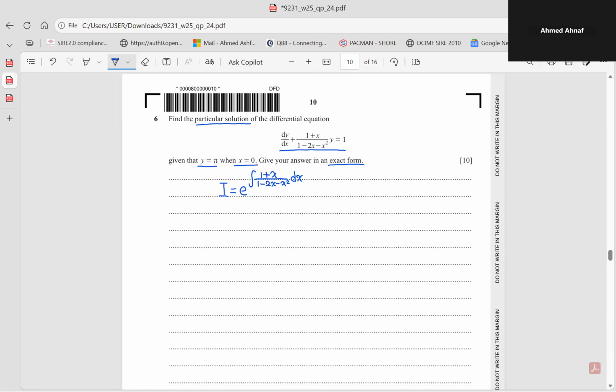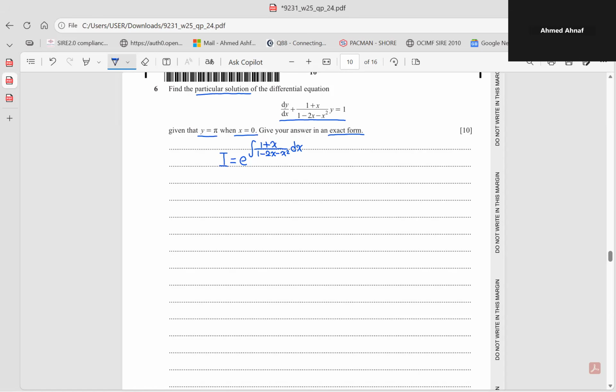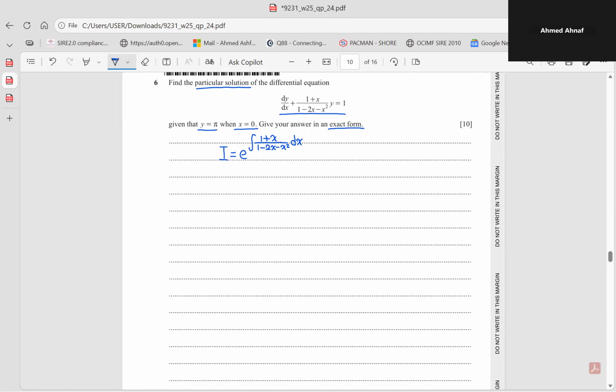So we have to first integrate this. To integrate this, let's first check whether the denominator is factorizable or not. I'm just going to check it.